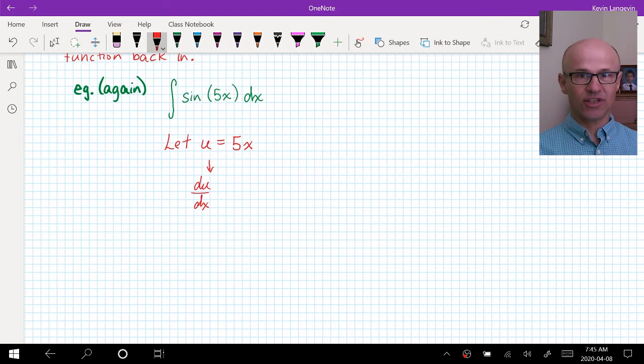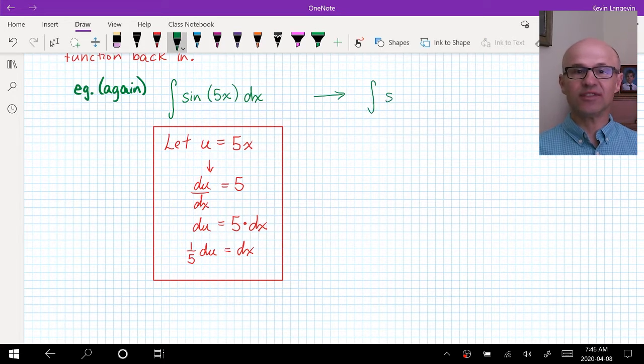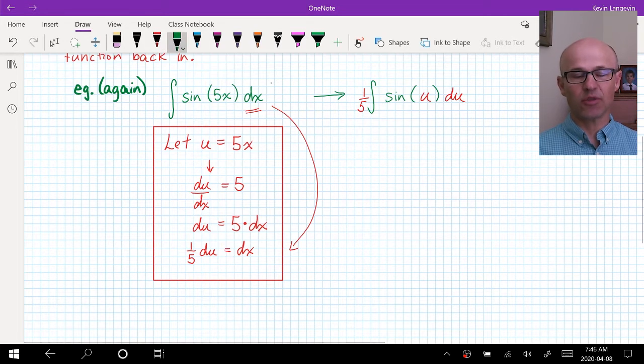Using Leibniz notation, we will take the derivative of it, and then we will rearrange it by multiplying the dx from the left up to the right and dividing the 5 down over to the left-hand side as a 1/5. We then rewrite the integration with a u, and we replace the dx with a 1/5 du, which comes down here from the bottom of the screen.